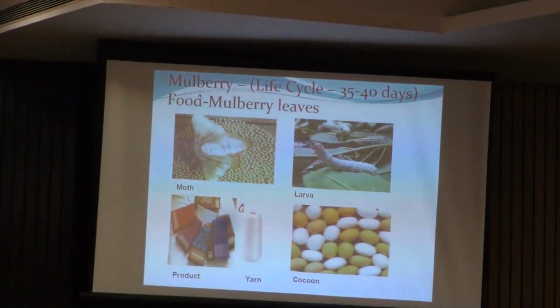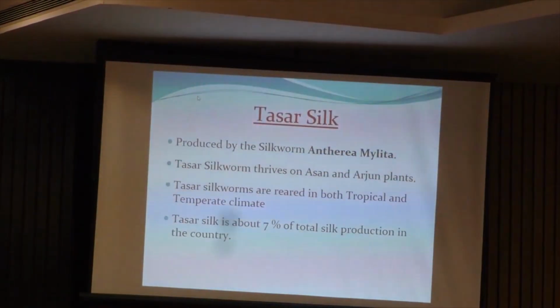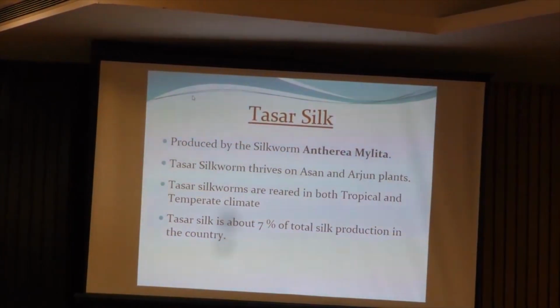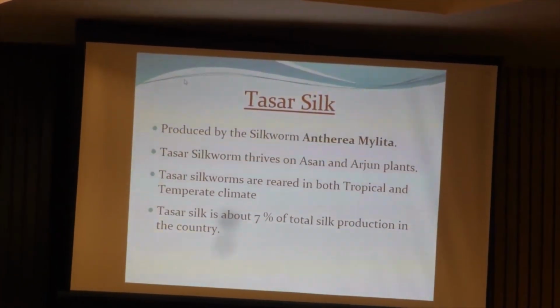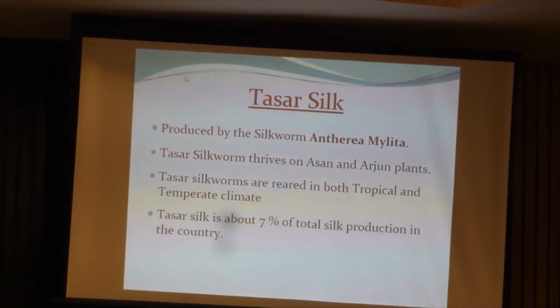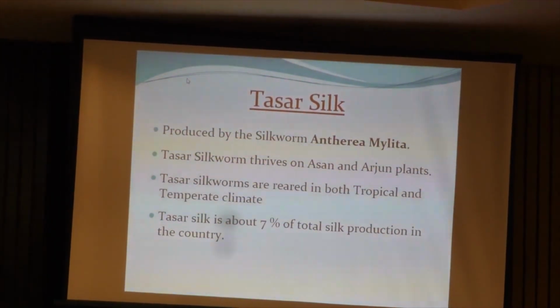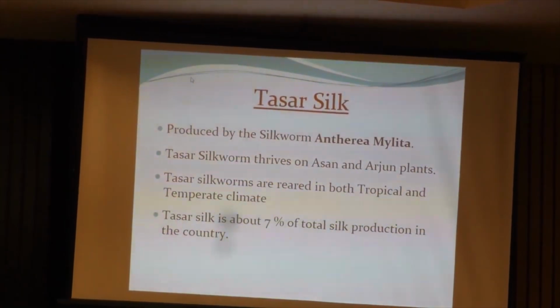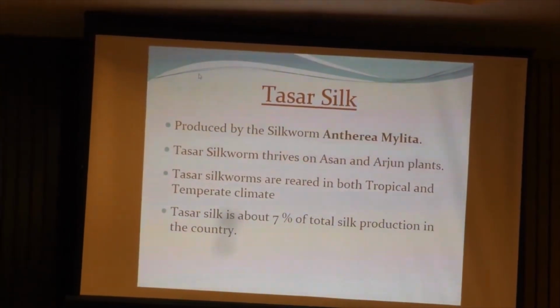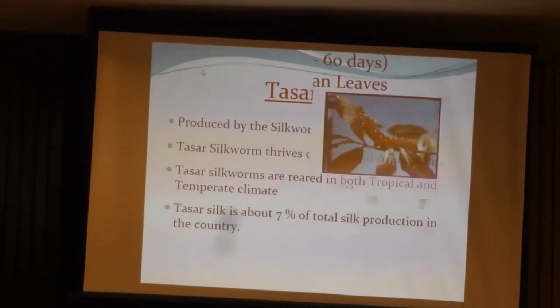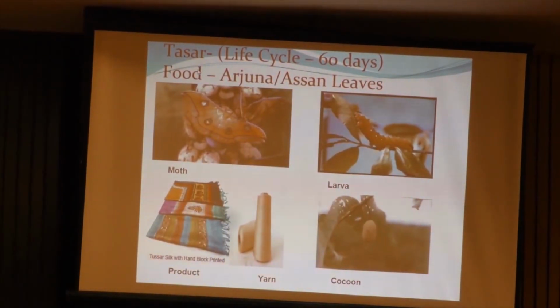The next one is the tusser, which is done in the regions of Jharkhand and Bihar. The tusser worm feeds on asan or arjun plants, and it takes around 60 days to grow from hatching till the cocoon level.